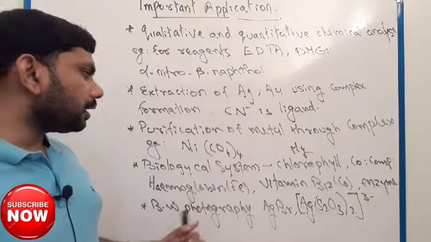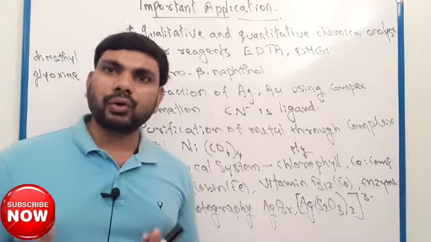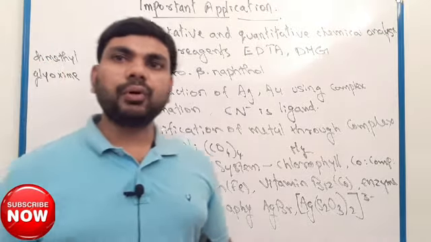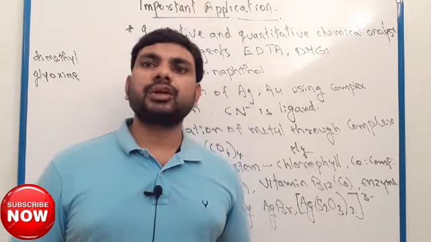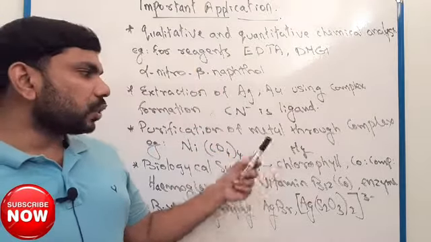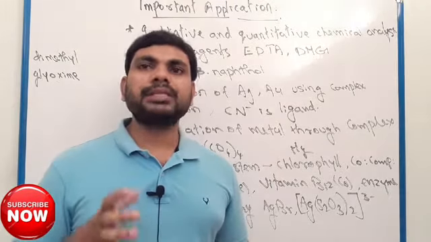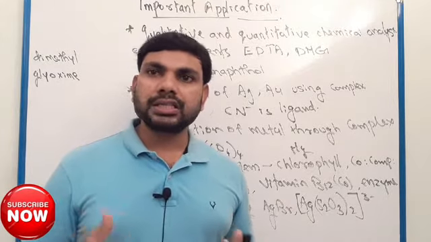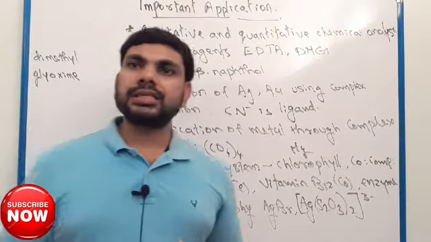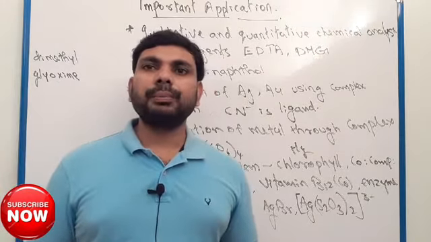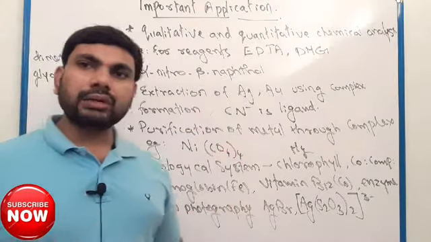Another one, in biological systems, very important. We know chlorophyll is very important for photosynthesis in green plants. Chlorophyll is a coordination compound, and it contains the metal magnesium. Hemoglobin, in red blood cells, is a coordination compound, and it contains iron as the central metal atom.